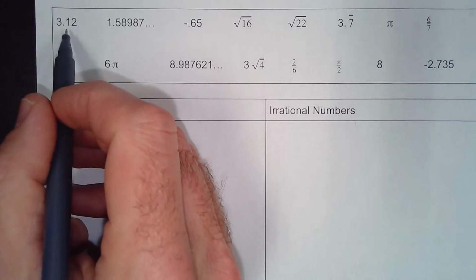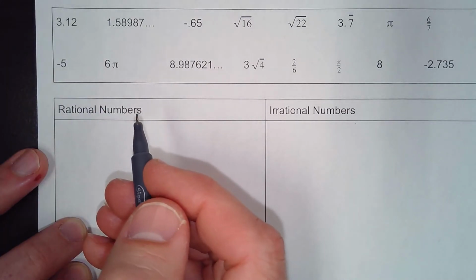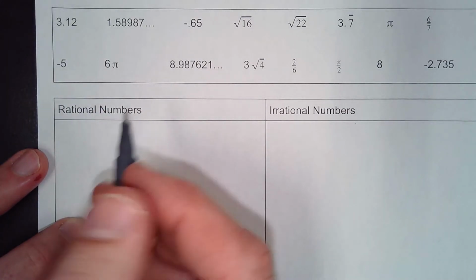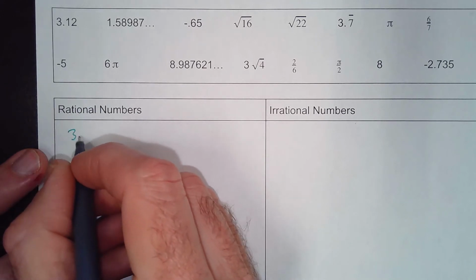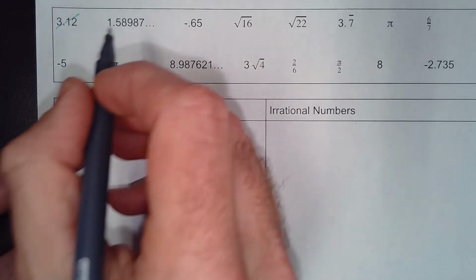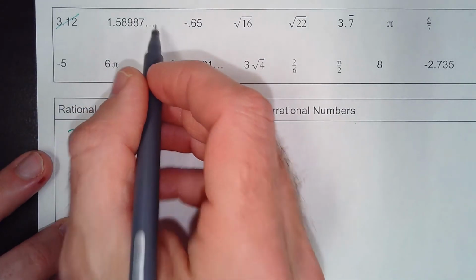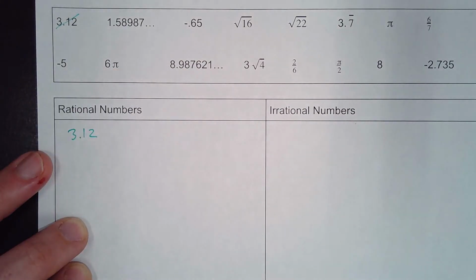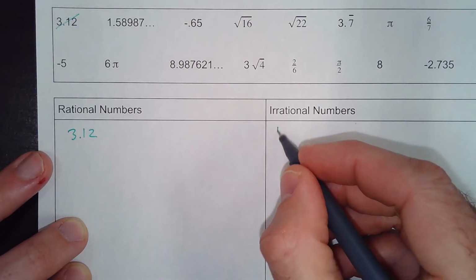So here's a decimal that ends. It doesn't go on forever, so that would be a rational number. And then these dots tell us that it keeps going. Nothing's repeating here. It's not a number that's repeating, so this would be an irrational number.